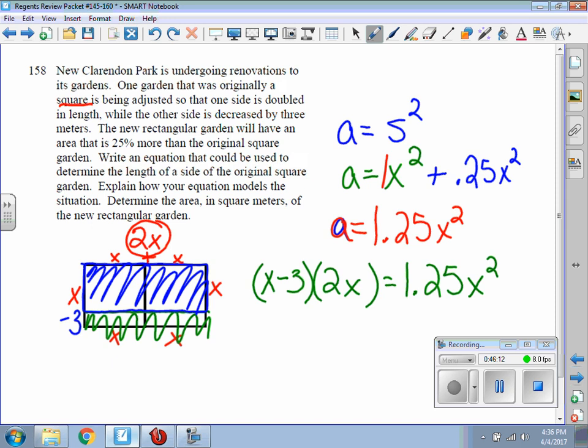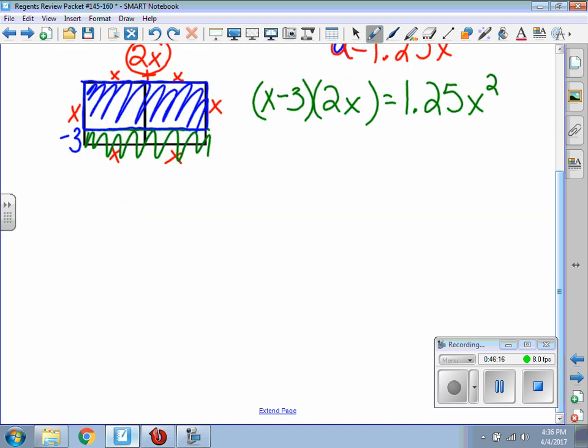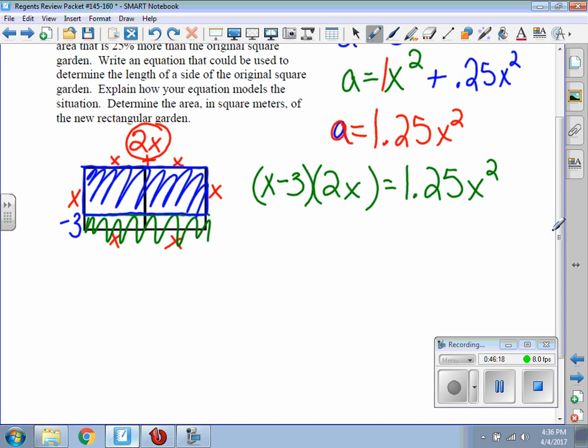So now we've got this as our equation. Oof. That's okay. It's not going to be too bad to solve. We've got 2x times x and 2x times 3. All right, so x times 2x is 2x squared. Negative 3 times 2x is negative 6x equals 1.25x squared.